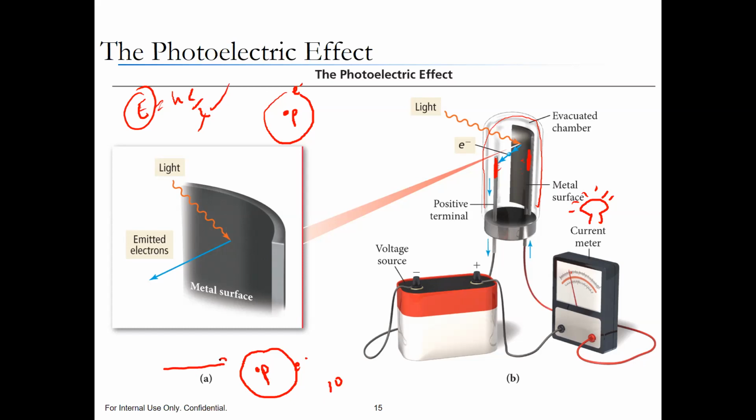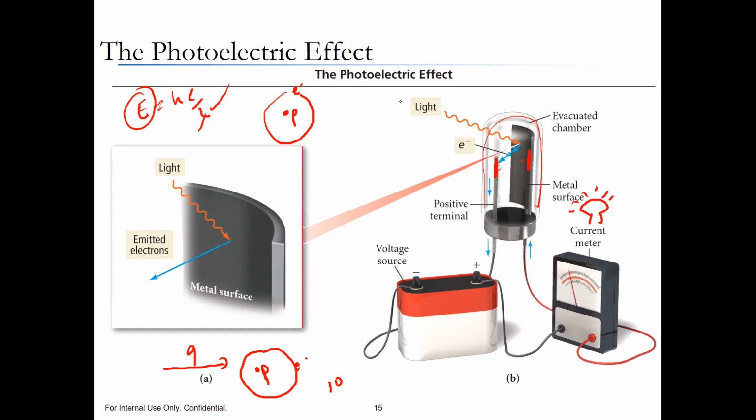What happens if I put in 9 units of energy? Can I remove that electron? What do you think? Yes or no? Can I remove that electron with 9 units of energy? It's held down with 10 units of energy.